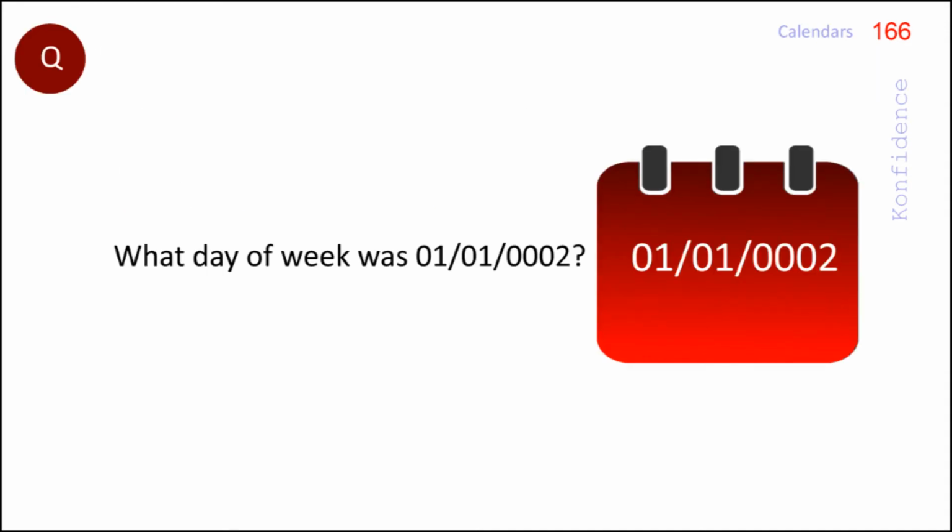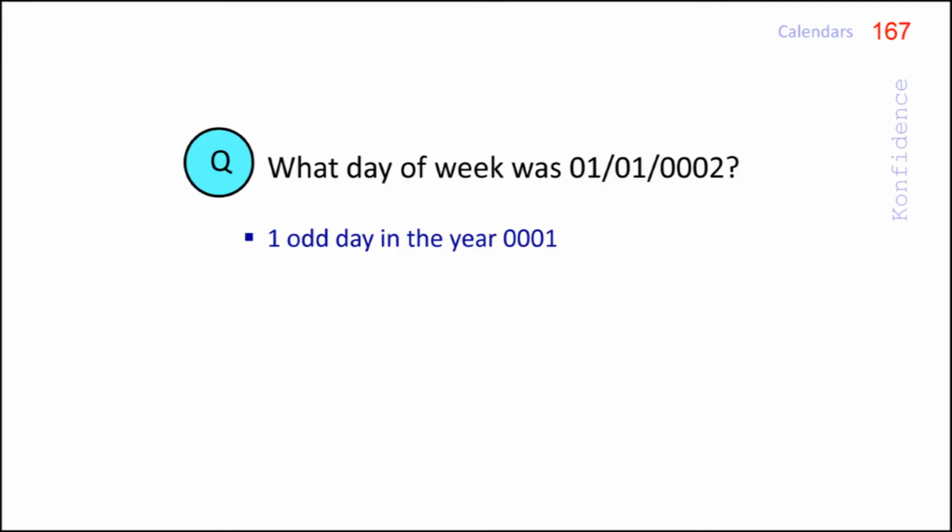Now, can you say what day of the week will be 1st of January 0002? There will be one odd day in the year 0001. Since it is not a leap year according to definitions, there is no confusion and there will be one odd day.